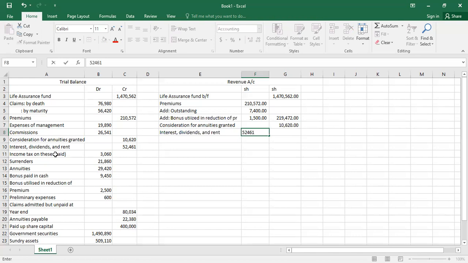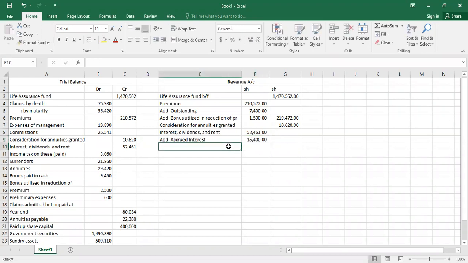I had the accrued interest. What is the figure for the accrued interest? It's in the additional information. The figure was 15,400.